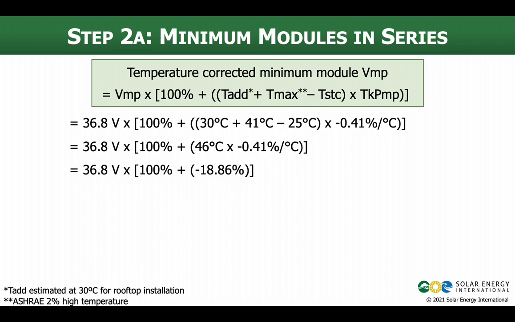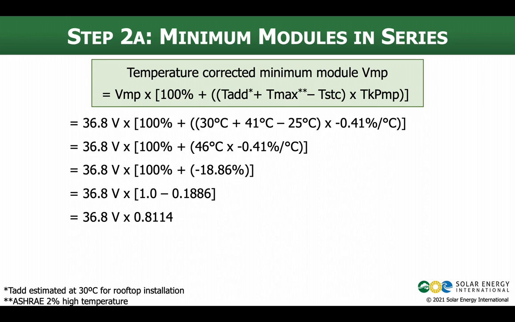We end up losing 18.86% of our voltage. So we're actually going to subtract that off of the 100% we started with. We'll change them into decimals first. So 1 minus 0.1886, and we end up getting 81.14% or 0.8114 of the VMP we started out with.